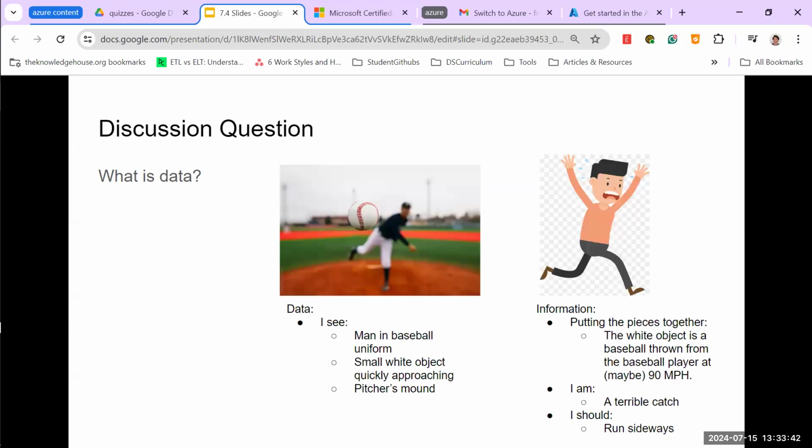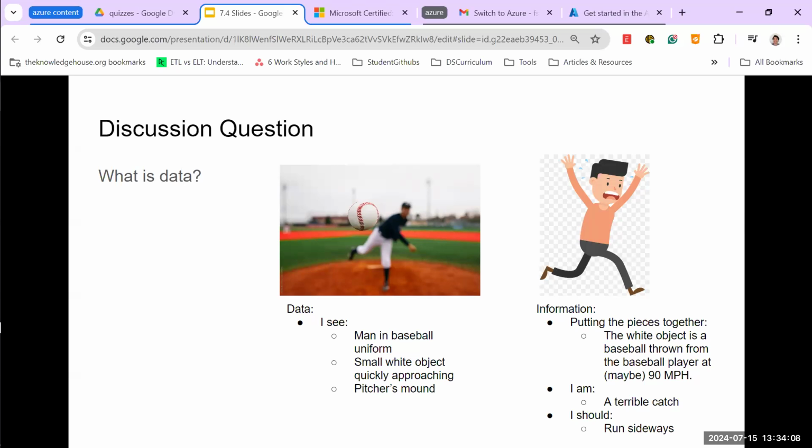Essentially, everyone, data is raw input. Everything that you see, smell, hear, taste, etc. The raw input that goes into your person, that's data, right? Now, of course, we're talking about this from a human perspective. Data could be going through a company, an organization, an algorithm, and so on, right?